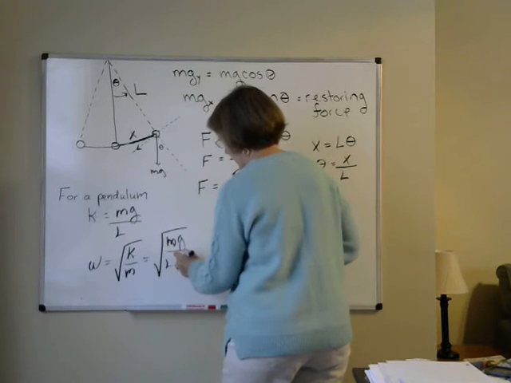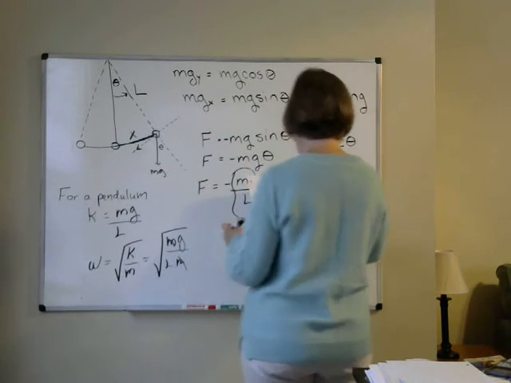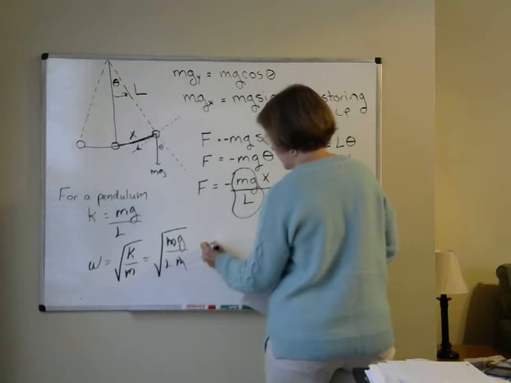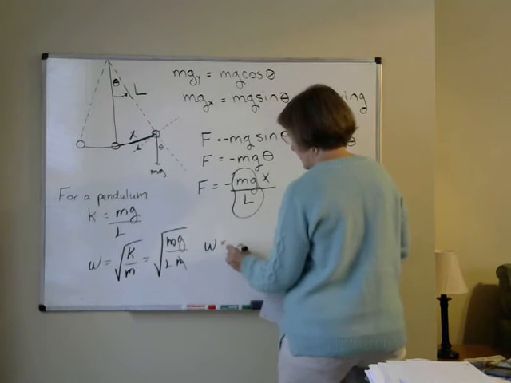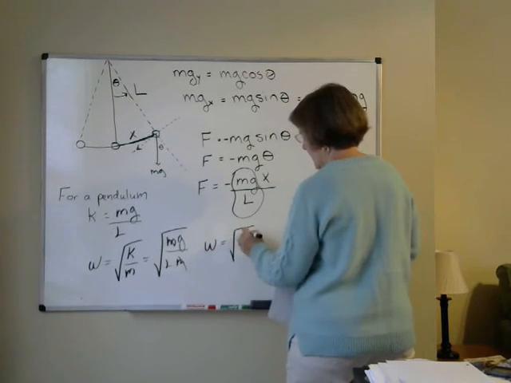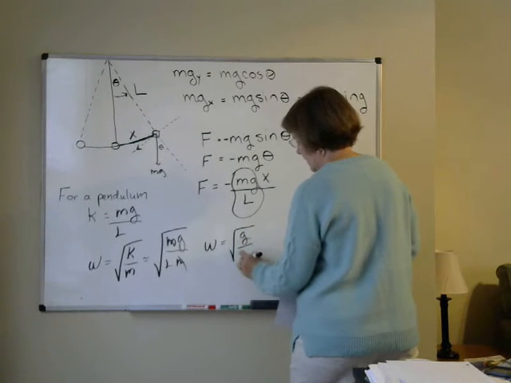Those m's are going to cancel out, and we get a relationship that says for a pendulum, the angular frequency is the square root of g over L.